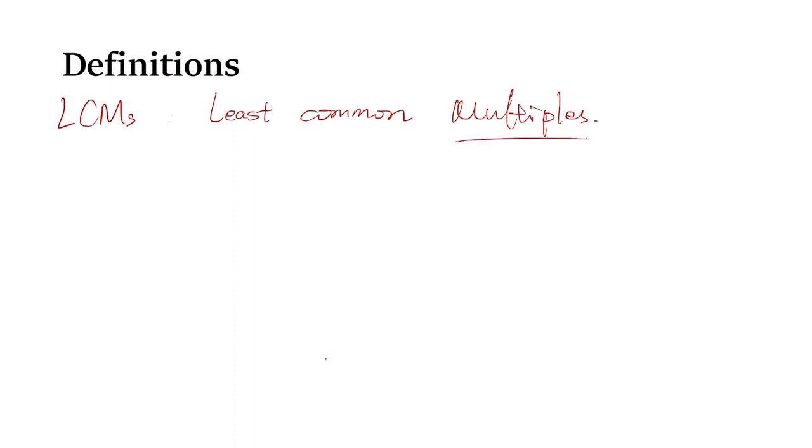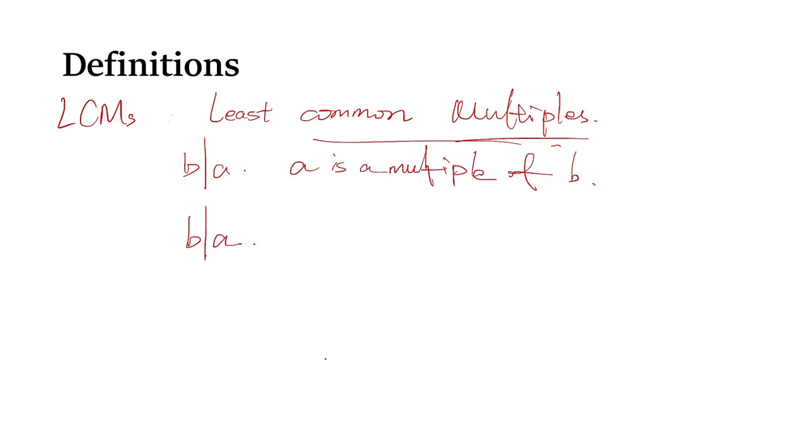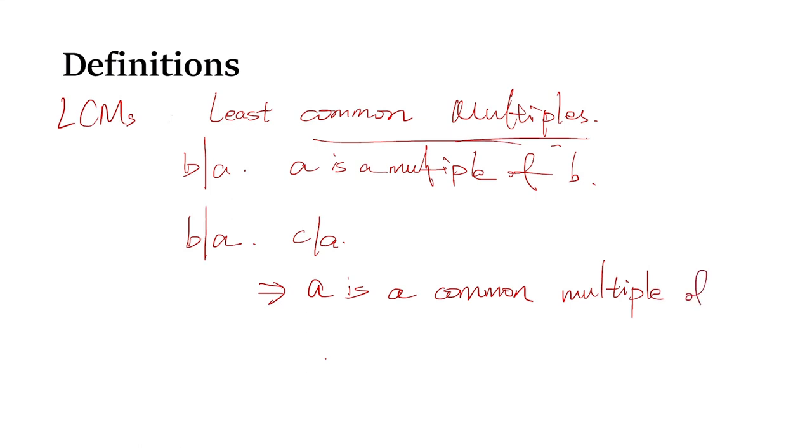For example, A is divisible by B. So, okay, A is a multiple of B. And common multiples, just like the common divisors: if A is divisible by B, and A is divisible by C, say like this, then A is a common multiple of B and C.